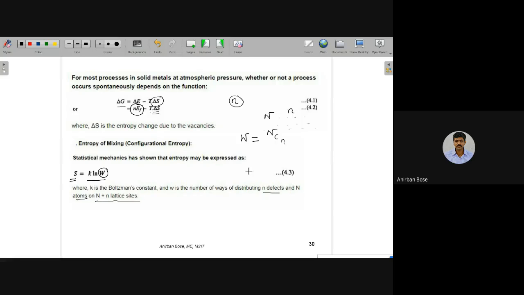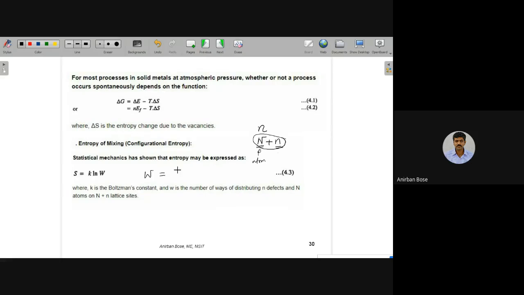Here the problem is a bit different. What they have considered is that there are n defects, and the total number of atomic sites is N plus n. That means they have considered that n atoms are in places that are actually vacant, and that is why the total atomic sites is N plus n. Then what will be W?